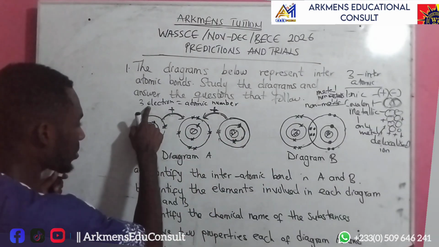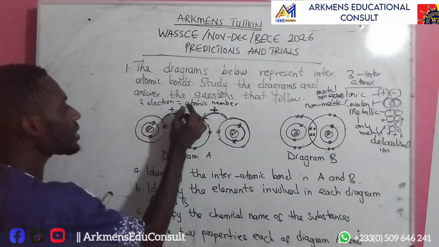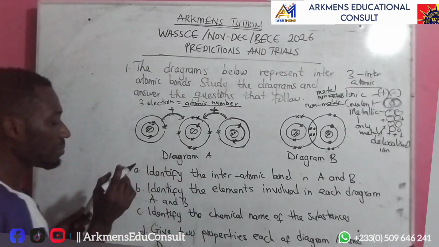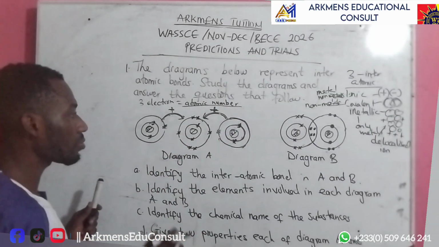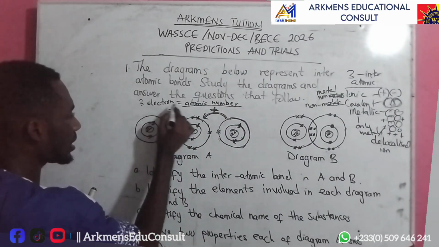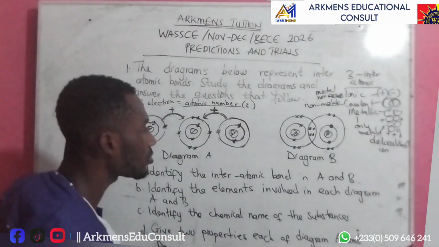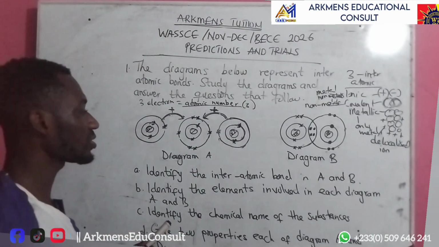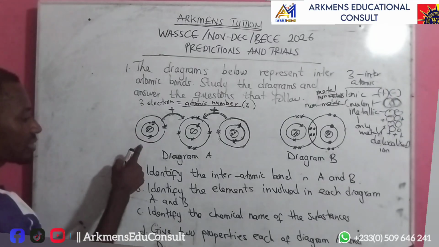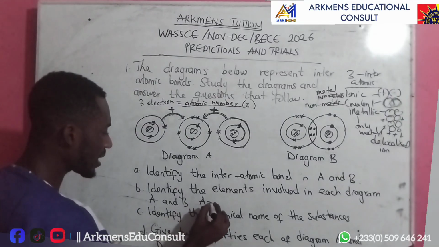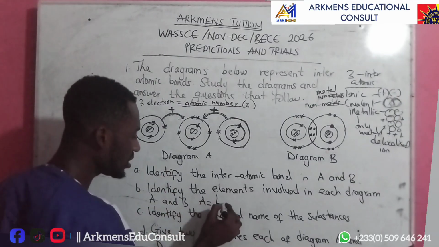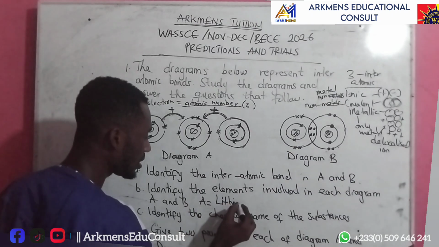So the atomic number will help you determine the name of that element or atom. If it has 3 electrons, atomic number will also be 3. And when we look at the periodic table, the atomic number 3 is what? Lithium. Meaning that when we take A, the first element involved here is lithium.